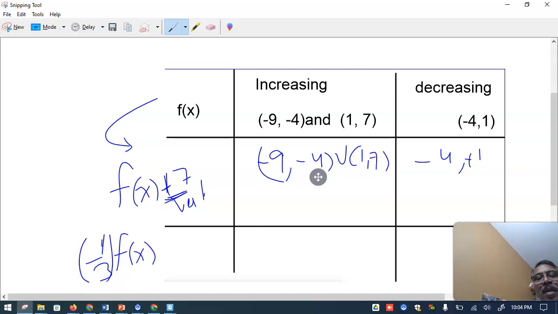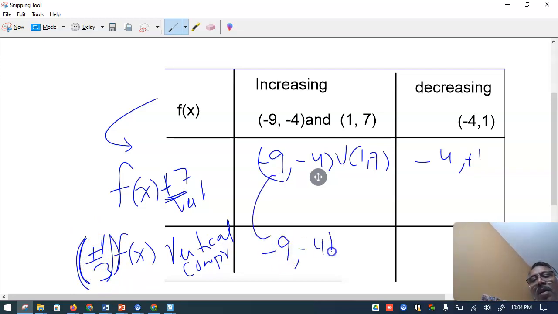This is called a vertical compression. It does not affect it, whatever the number here, as long as it is positive. If it is positive, the intervals will continue the same and it does not affect the increasing and decreasing intervals. They will stay the same.